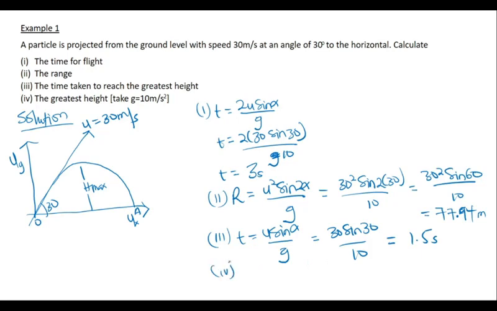So the final aspect, the greatest height, or the maximum height, which is the h max, as we also saw earlier, is u squared sine squared alpha divided by 2g. So this means we have 30 squared sine squared 30 divided by 20. And then our maximum height, if we input this into the calculator, we are going to get 11.25 meters. So this is the first example.